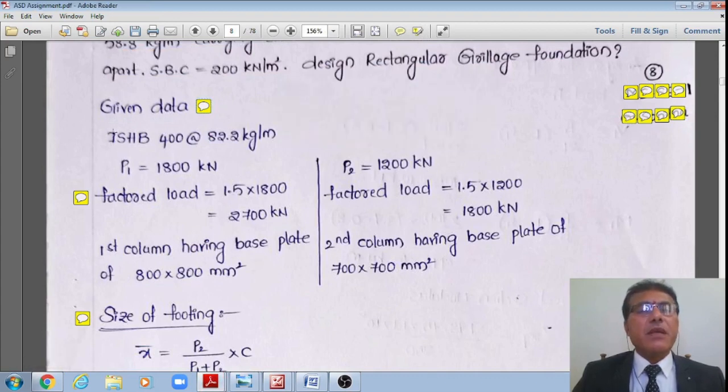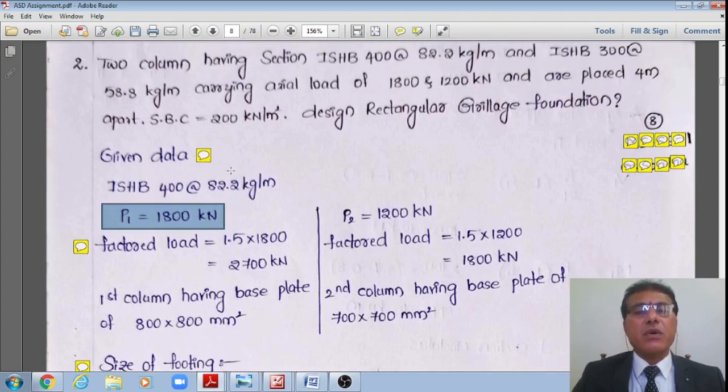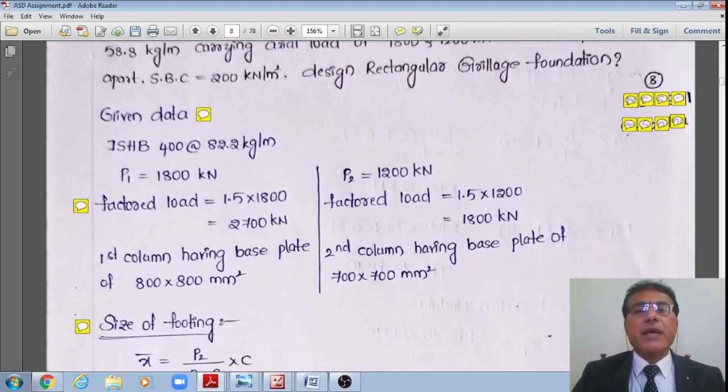Then this is the column section under the first load, ISHB 400 at 82.2 kg per meter, transmitting an unfactored or service load P1 equal to 800 kilonewton, whereas the second column is transmitting a load P2 equal to 1200 kilonewton. That section is ISHB 300 at 58.8 kg per meter.